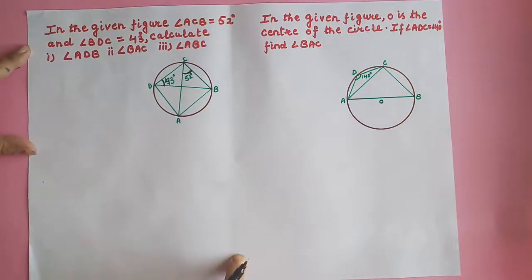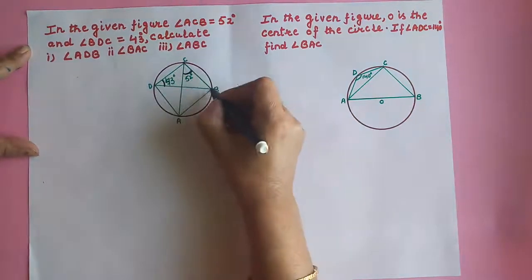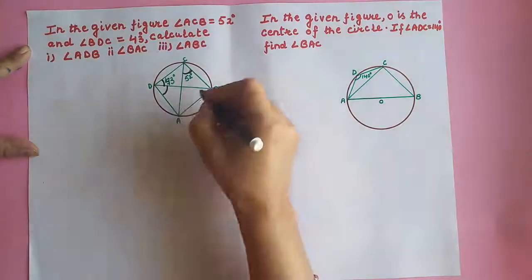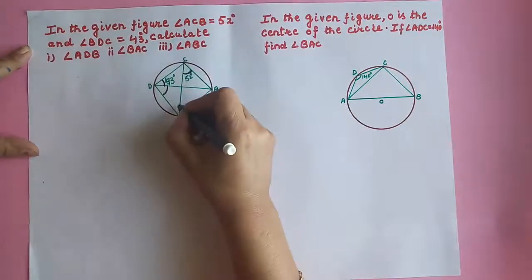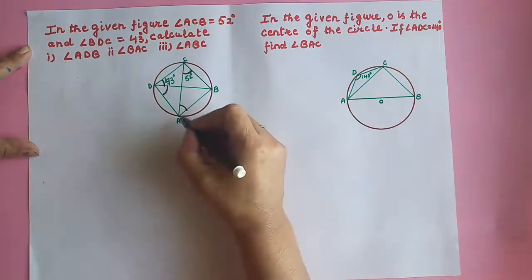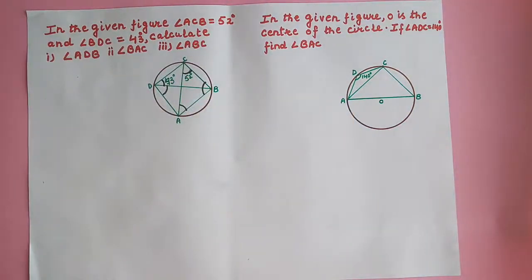He wants us to calculate ADB, that is this angle, and BAC, that means this angle, and finally ABC. ABC, that is this entire angle, right? Okay.